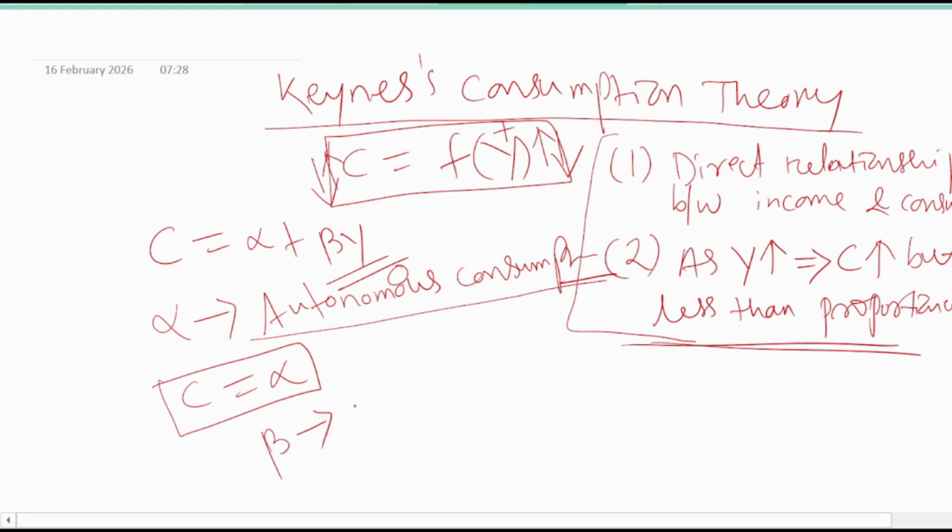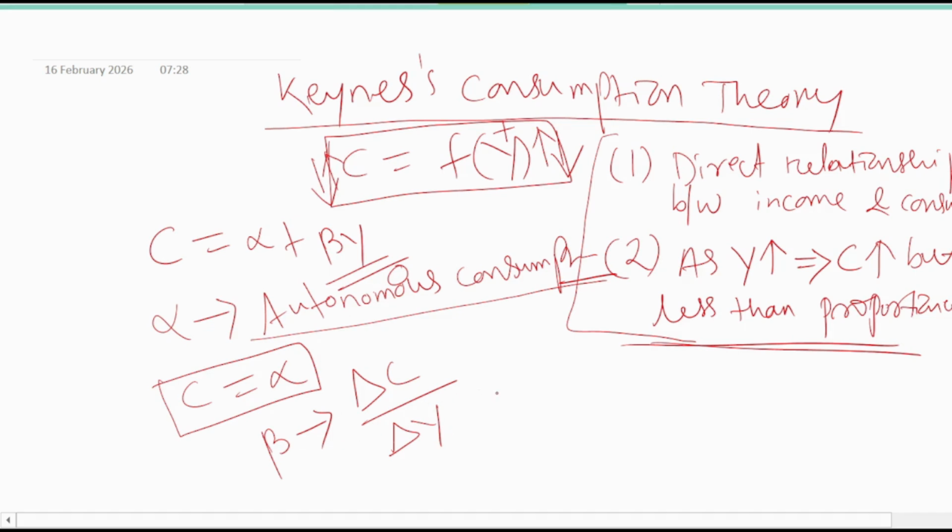Beta is the slope coefficient, or in this consumption theory, beta will be calculated as delta C upon delta Y, or change in the consumption due to change in the disposable income. It is also called the marginal propensity to consume.